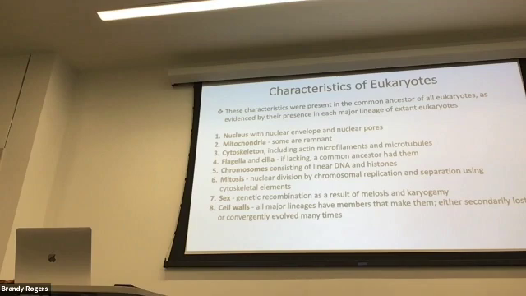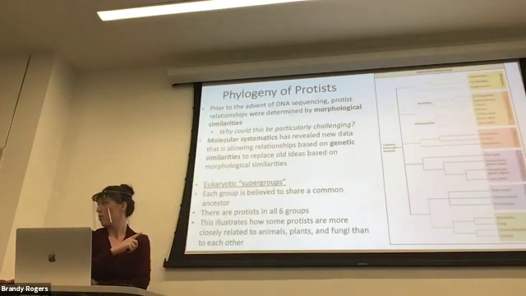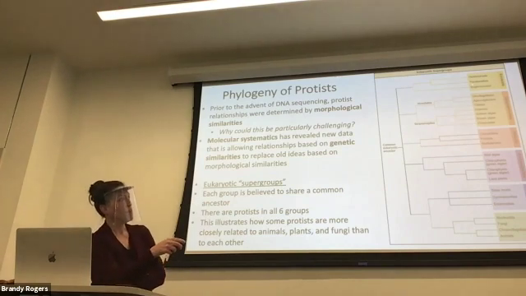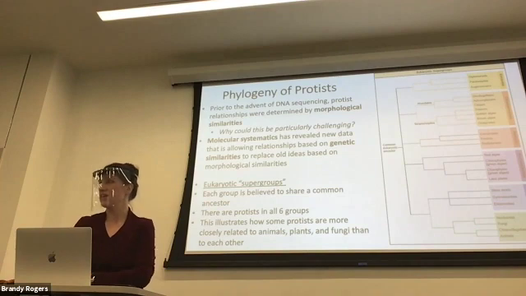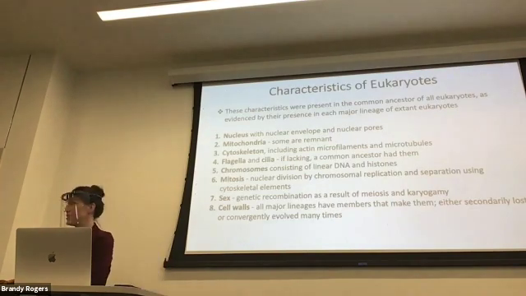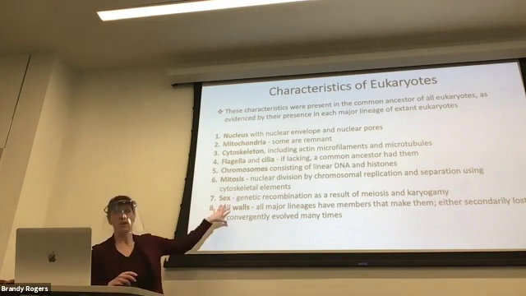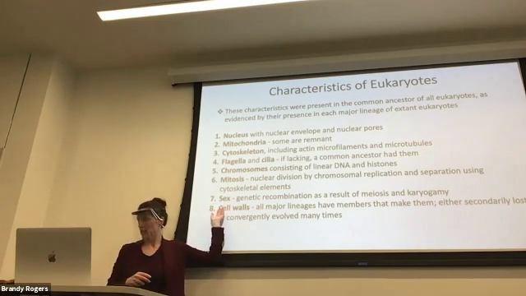So all major lineages, these 6 major groups that we'll go over on Wednesday, there are members of each of these 6 major groups of protists that have cell walls, but there are also members of each of those major groups that do not have cell walls. So it kind of goes against, remember I said this is where it gets a little dicey, the statement that the common ancestor of all eukaryotes had this.